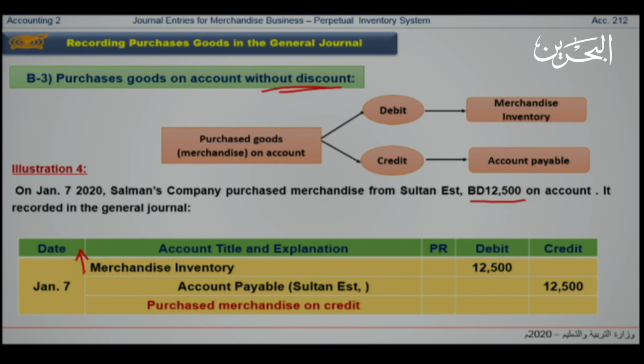So my liability will also increase. The inventory will increase and affect the debit side with the 12,500, and my liability, which is the accounts payable, will also increase on the credit side with the amount of 12,500.